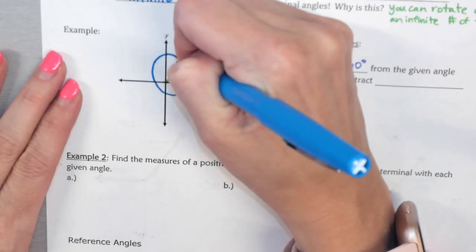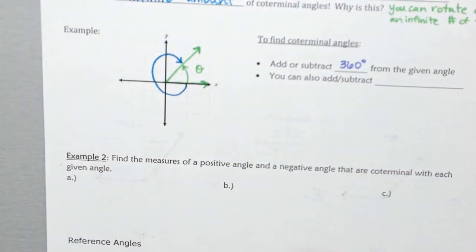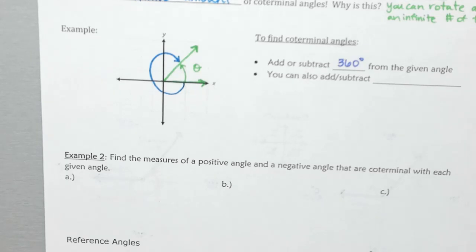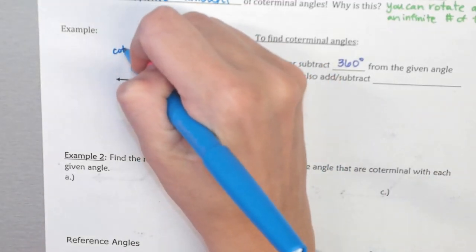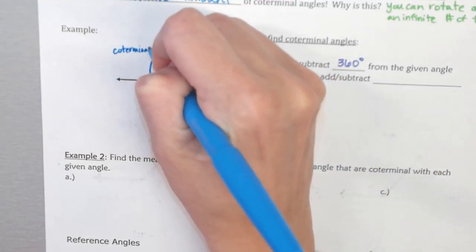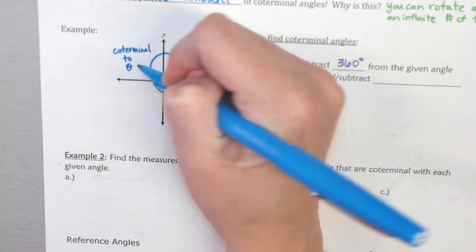So this would be a new angle that I have there in blue. What I have in blue is coterminal to theta.